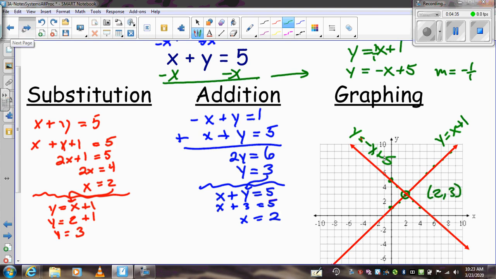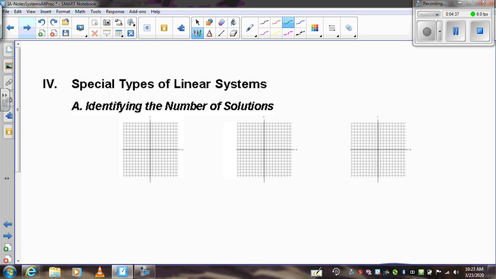Okay, so now let's talk about the special types of solutions. Now you can solve these any way you want, but I think a good visual is to look at the graphs. Well, when you graph two lines, they can cross. And if they cross like this, you have one solution, just one answer.